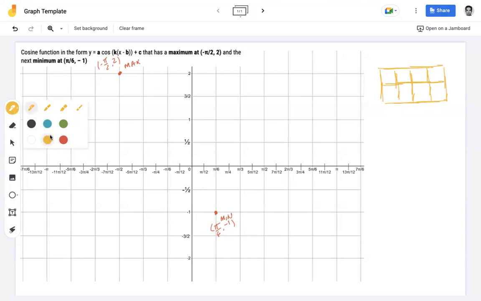The cosine wave starts at its maxima, ends at its maxima, and in between it has its minima, and in between maxima and minima we have the x-intercepts, or the crossing of the midline if we have some vertical shifting. So this is going to be a maxima, then another maxima, minima, and the midline.